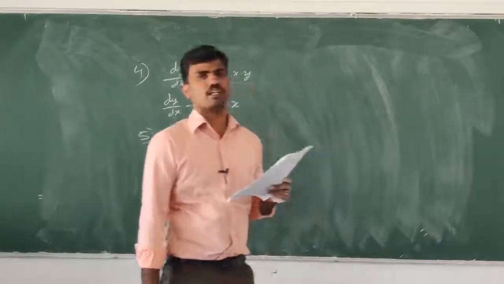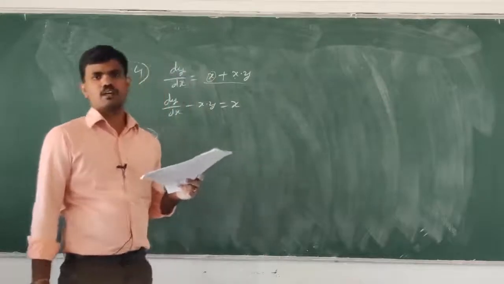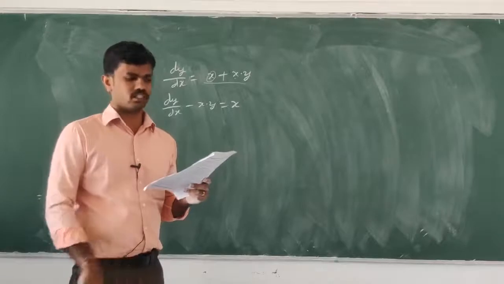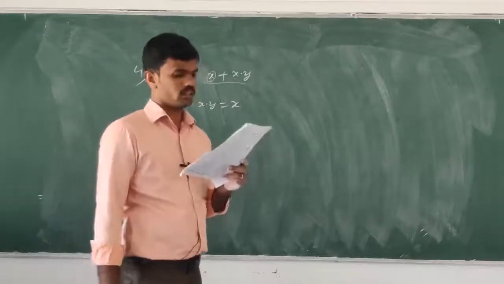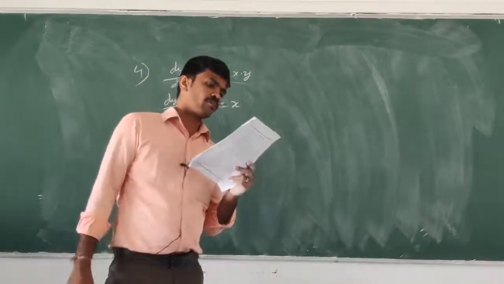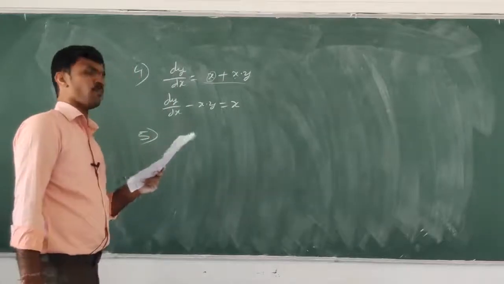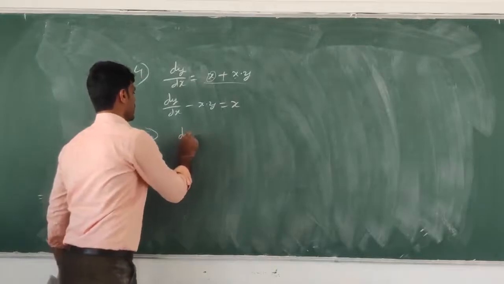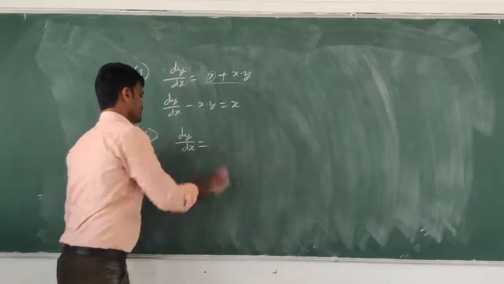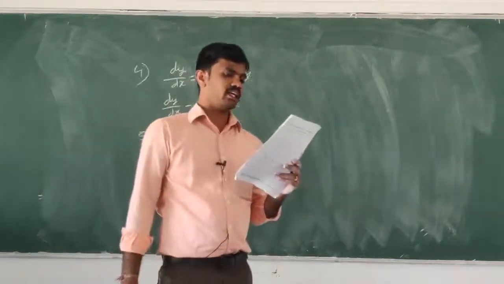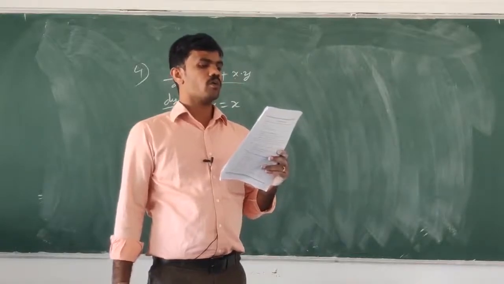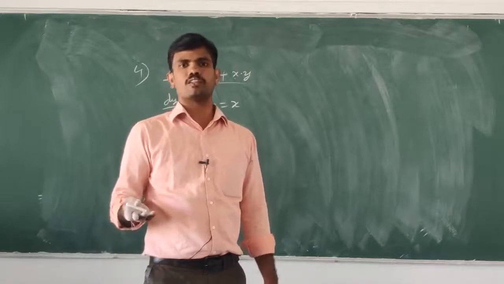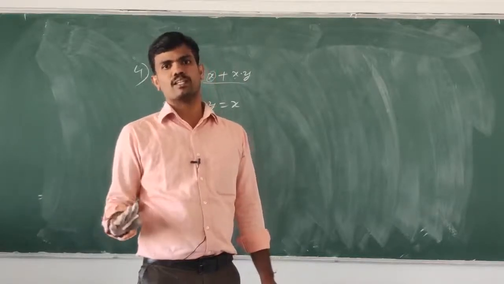Next, the fifth one: find the equation of a curve passing through the origin. The origin is given, so the initial condition is y is equal to 0 when x is also equal to 0, since at the origin both x and y values are 0. Given that the slope of the tangent to the curve at any point, dy/dx, is equal to the sum of the coordinates of the point. The coordinates of the point are x and y, and their sum is x plus y.